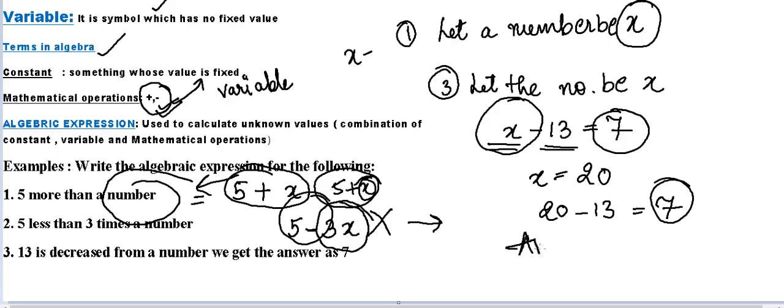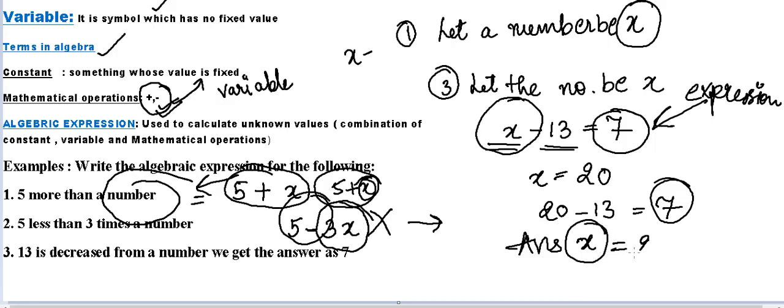So the expression for this one is this, and the unknown value, that is x, is equal to 20.